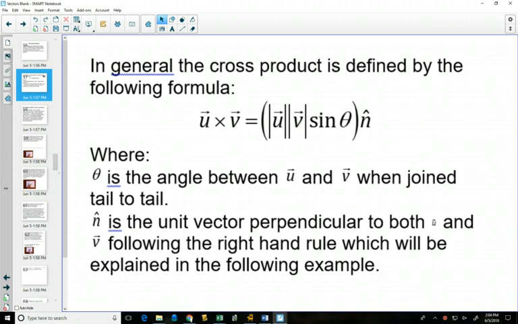In 3 dimensions, it's either pointing one way or the other way. The vectors are joined tail to tail, so you have an angle in between them, and n is a unit vector that's perpendicular to both of them.